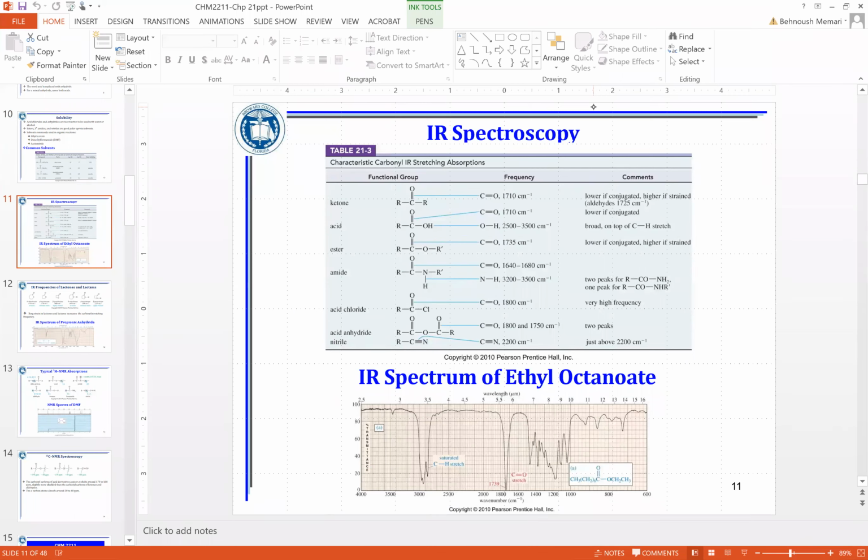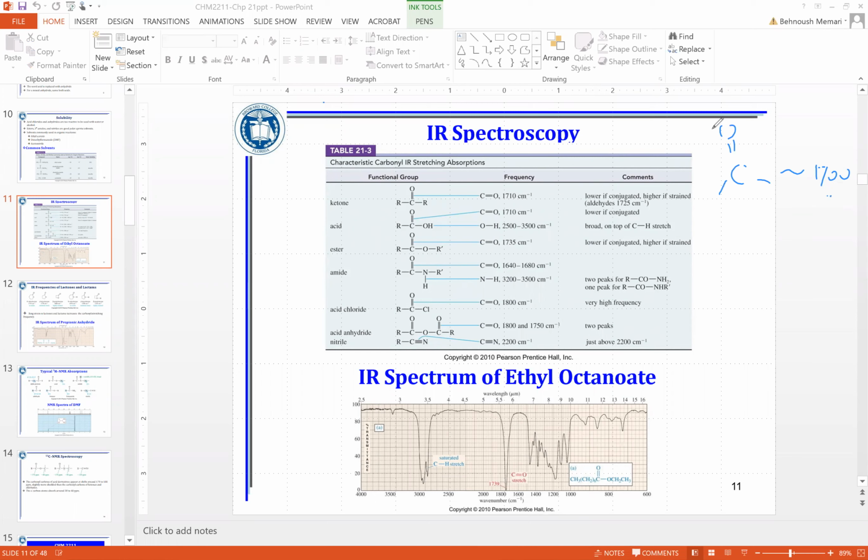For IR spectroscopy of the acid derivatives, for all of them except for nitrile, you do have a CO double bond. The approximate location of the CO double bond is going to be at 1700. If it's attached to an electron withdrawing group, this number is going to increase.